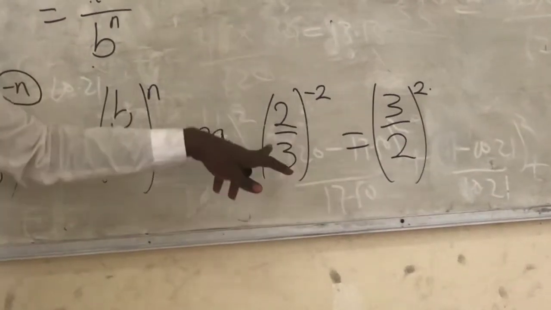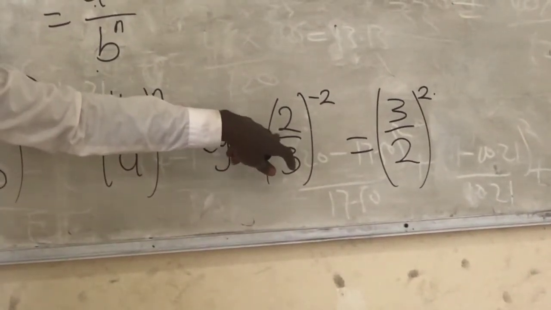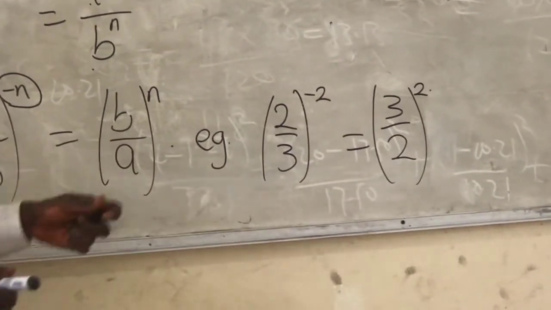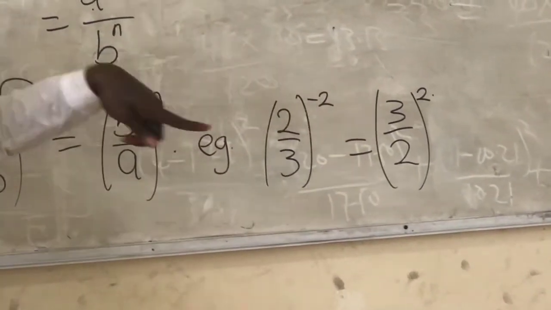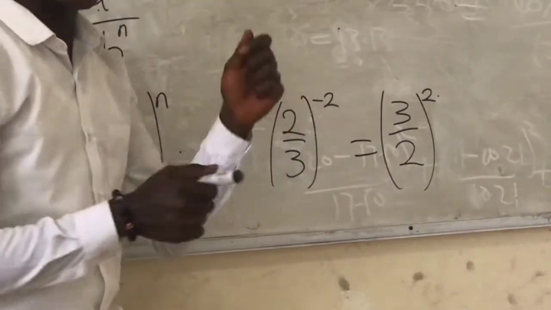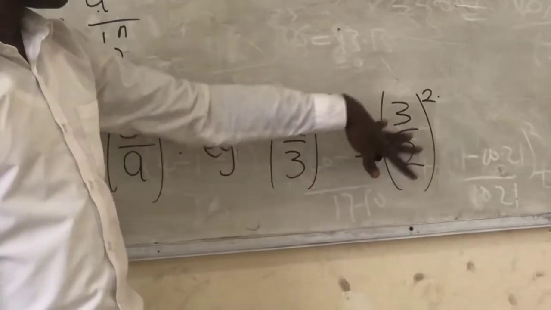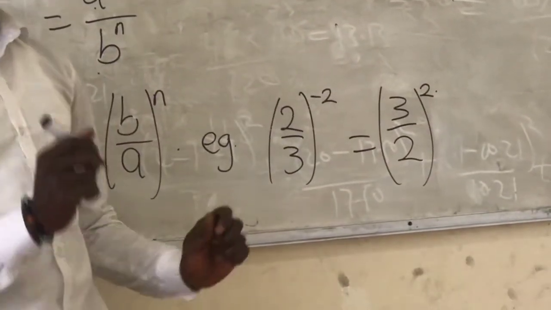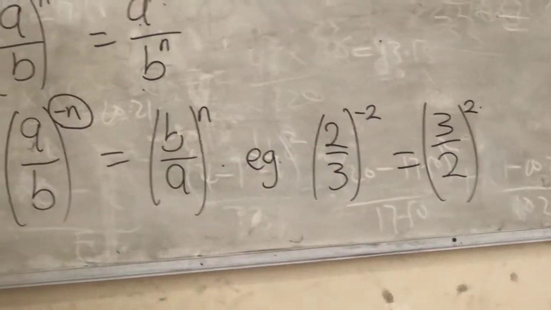When you look at the question, the 2 is the numerator and the 3 is the denominator. But when we are treating it with the negative exponent or negative index, we have to interchange the denominator and the numerator so that we can remove the negative from the exponent.